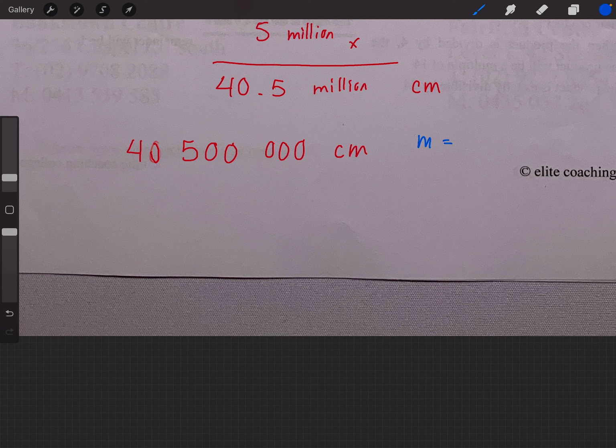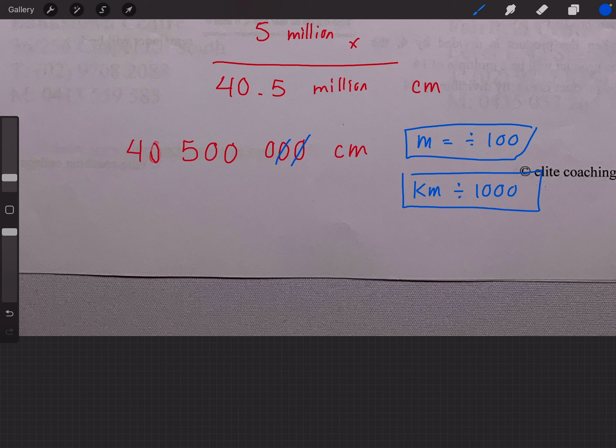Boom, boom, gone. And now from meters we can go to kilometers. To go to kilometers, you must divide meters by 1,000. That has 3 zeros, so 1, 2, 3. And there's your kilometers. So that means you have 405 kilometers, and that's the answer.